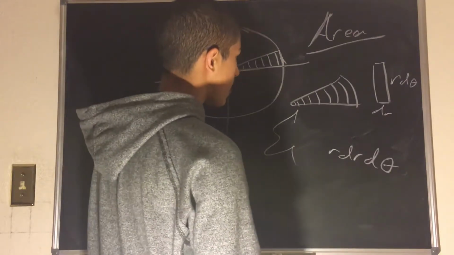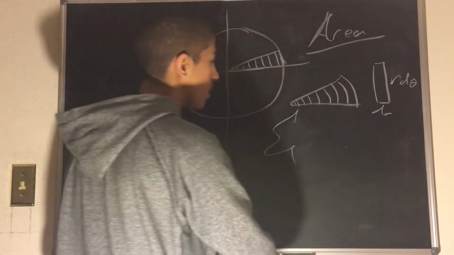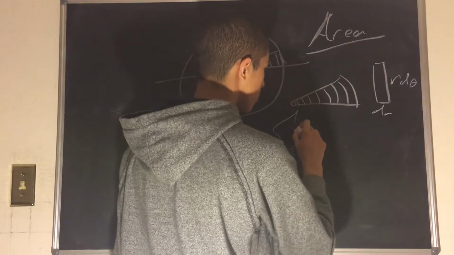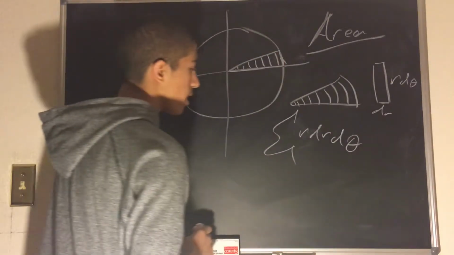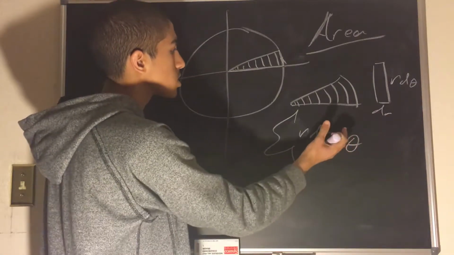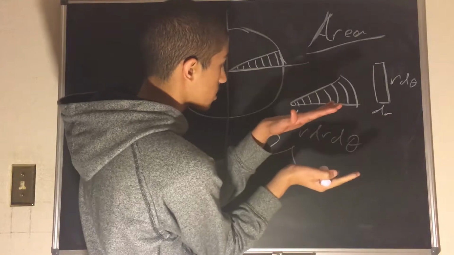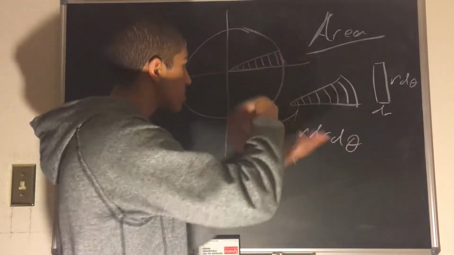So now let's add up over each sector, over all the arcs enclosed in the sector. So that's sigma over r dr d theta, and so that accomplishes finding the area of an infinitesimally small sector. But now we want to find the area of the entire circle.